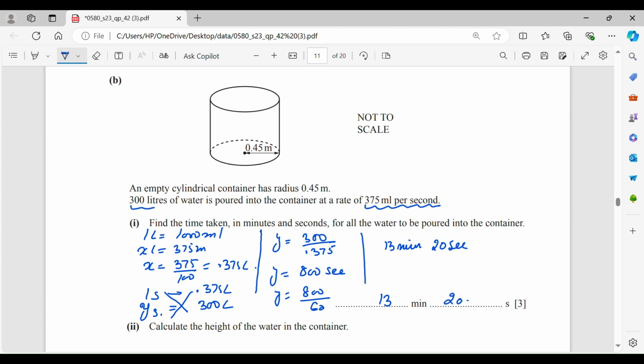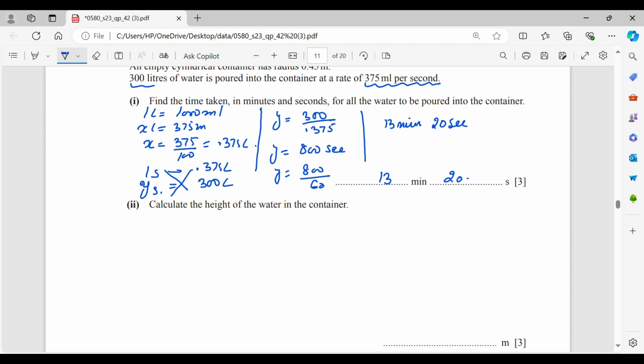Calculate the height of the water in the container. So we need to find the height, right? So first we know 1 meter cube is equal to 1000 liter, right?